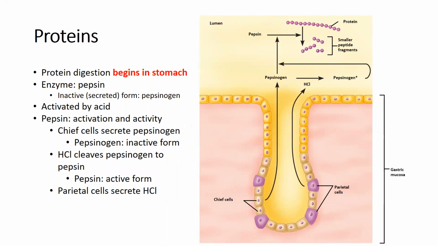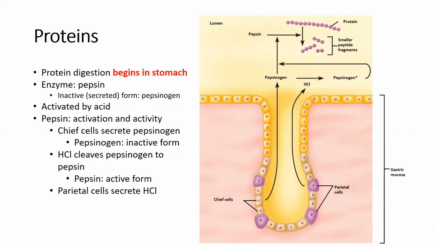Now, the digestion of proteins begins in the stomach, unlike what we saw with carbohydrates. We have the inactive form, pepsinogen, which is going to be converted to pepsin. It's going to be activated. And we talked about this: the presence of acid, that acidic environment in the stomach, is what activates pepsinogen, right? Remember that suffix gen.